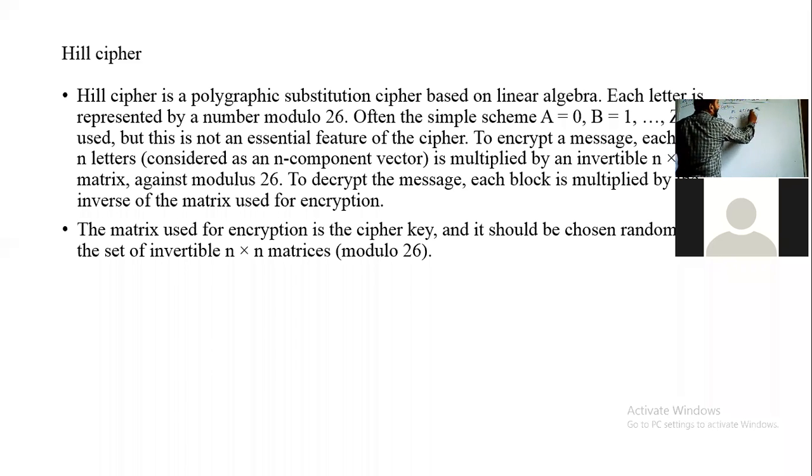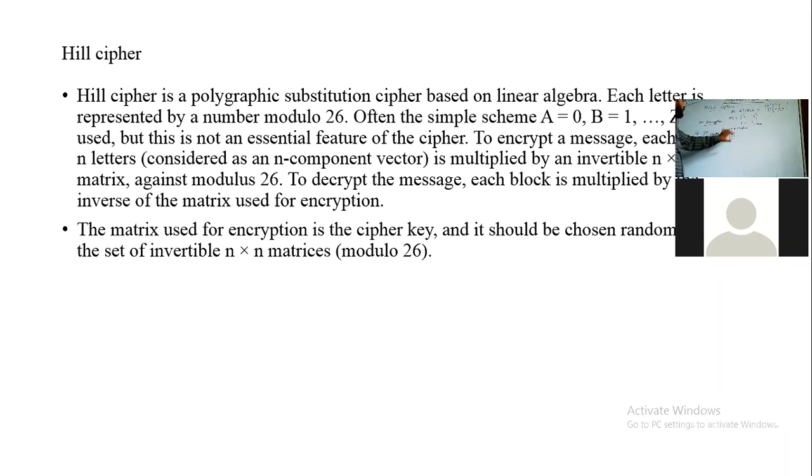Now convert this plain text into vectors of length 2, because we have a key of 2 by 2: A T, T A, C K. Clear? So the first vector is AT.